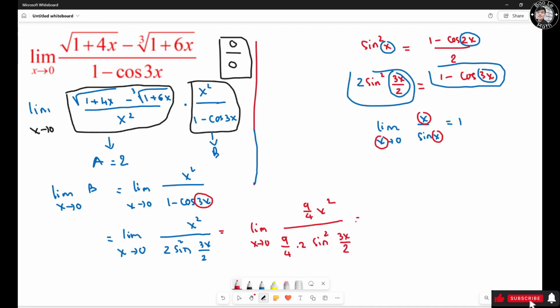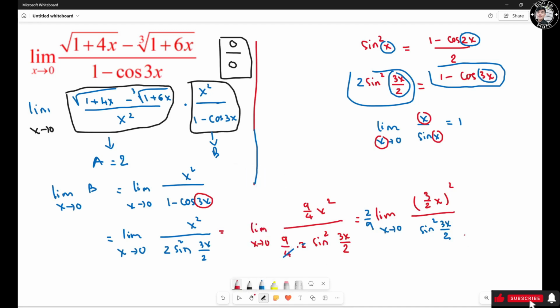Now 9 over 4 s squared can be written as (3 over 2 s) all squared, over this one right here, which cancels out. It's going to be 9 over 2, so I bring it to the front and it turns out to be 2 over 9 times the limit of s squared over sine squared of 3s over 2 when s approaches 0.